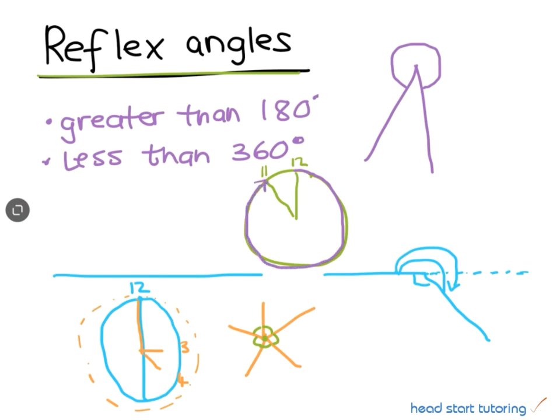So this angle here, going from that center point all the way around, is called a reflex angle because it is less than 360, but it is greater than 180 because it passed our 6 o'clock. Our minute hand passed the 6, which means it passed our 180 degree line. That means it's greater than 180, so it is a reflex angle.